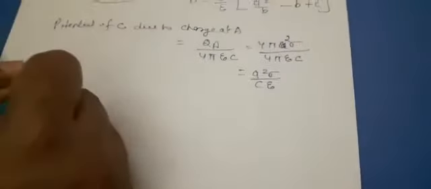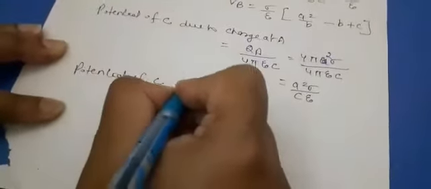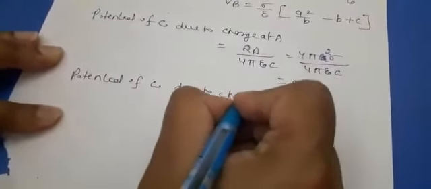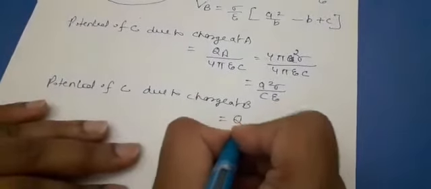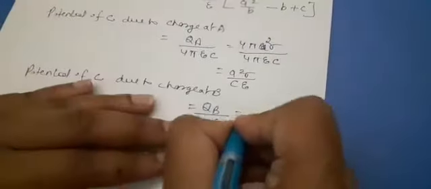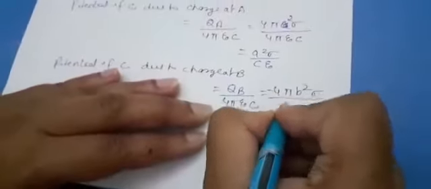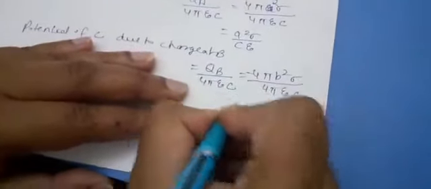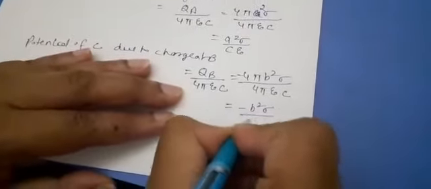Then potential of C due to charge at B. So it will be QB upon 4 pi epsilon naught C. So it will be 4 pi B square minus sigma over 4 pi epsilon naught C. So it will come out to be minus B square sigma upon C epsilon naught.